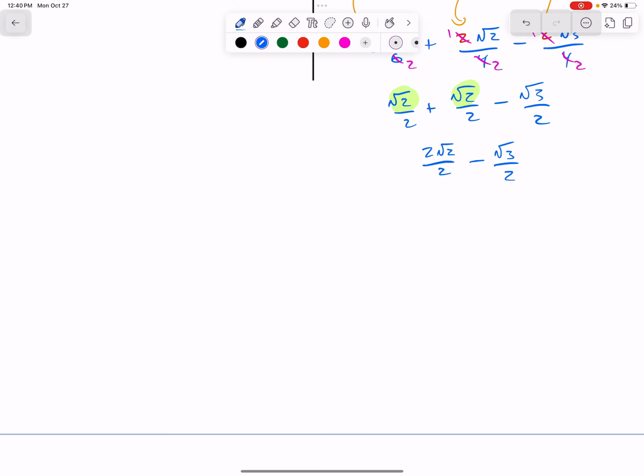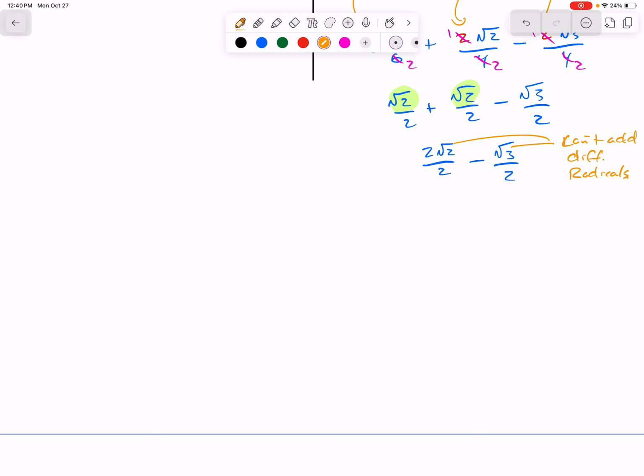But those are different. Can't add different radicals because they're just different numbers. Root 2 is something like 1.4. Root 3 is something like 1.7. You can't say I've got 2 of them or 3 of them.